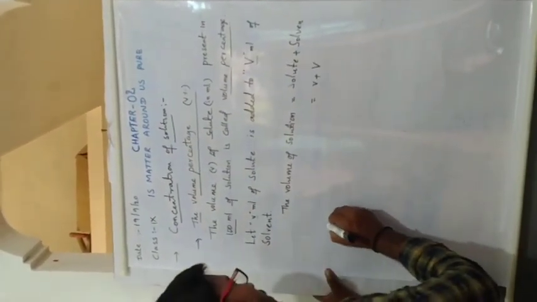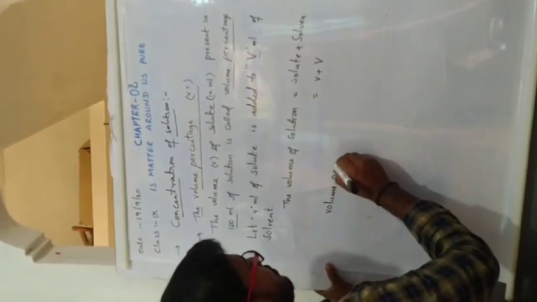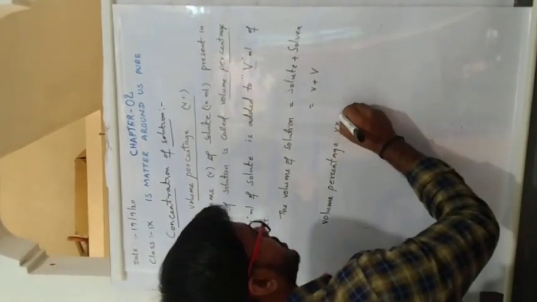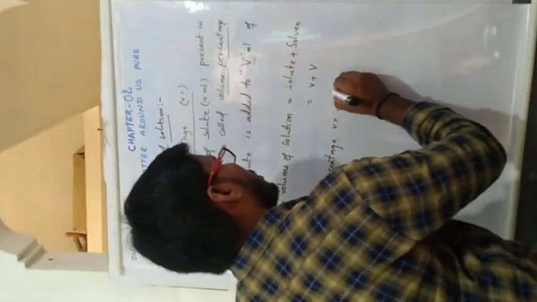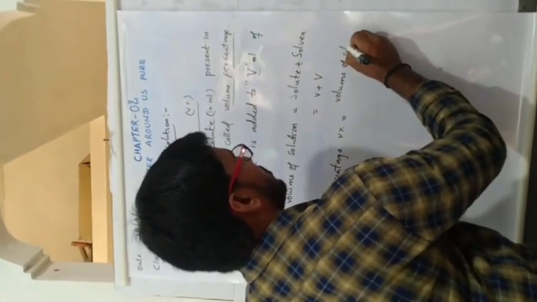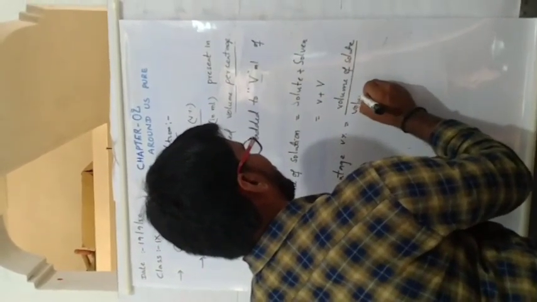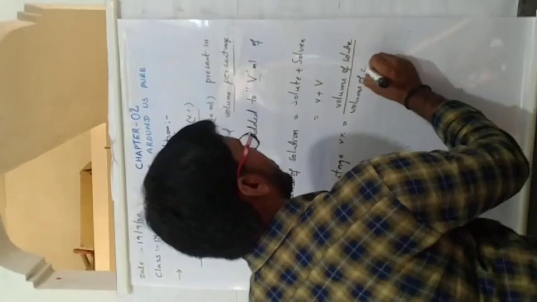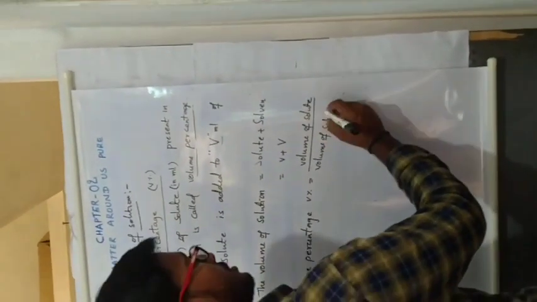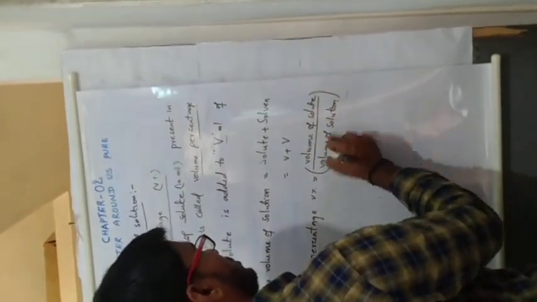Now we need to find the volume percentage. Small v percent equals volume of solute divided by volume of solution, into 100.